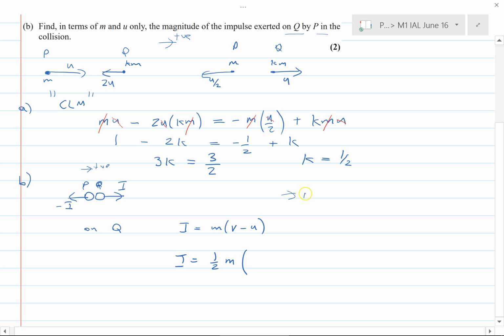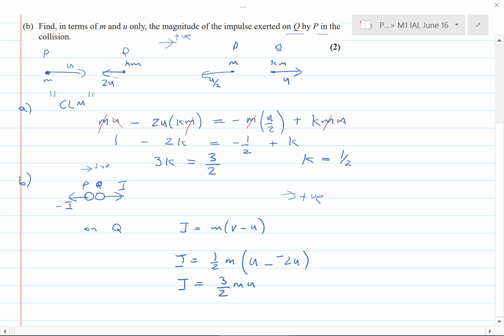Remember, everything this way is positive, so the final velocity on this one is equal to u, and then the initial velocity is equal to 2u, but it's going in the opposite direction. So that gives me impulse is equal to 3 over 2 mu.